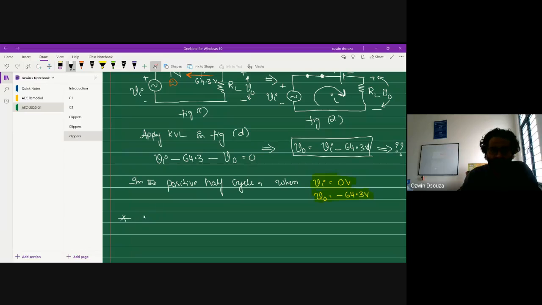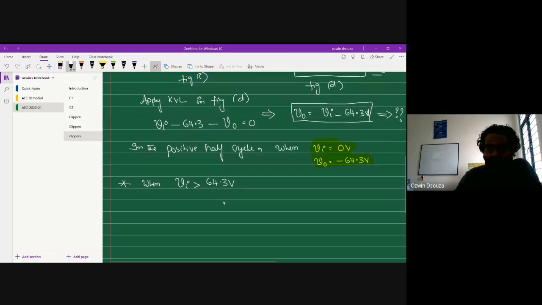Now let us consider the case when your input starts to exceed the DC voltage value, that is, for values of input greater than 64.3. What happens? If the input has more potential than 64.3 volts, then obviously Vi dominates.